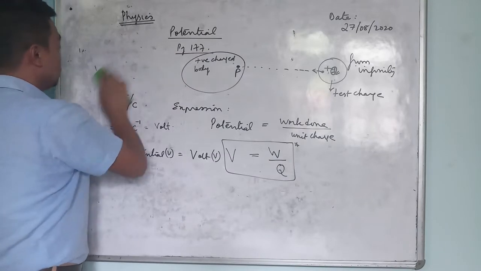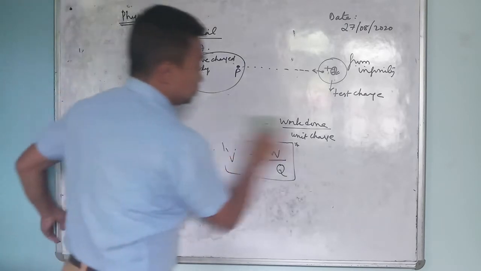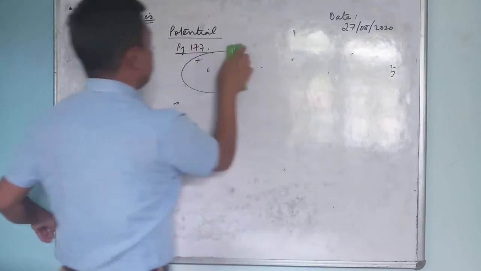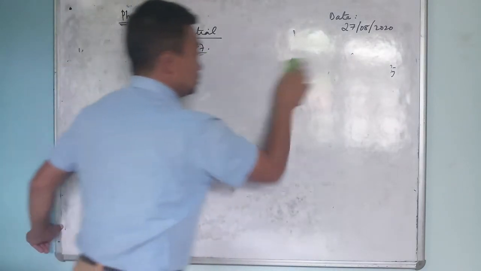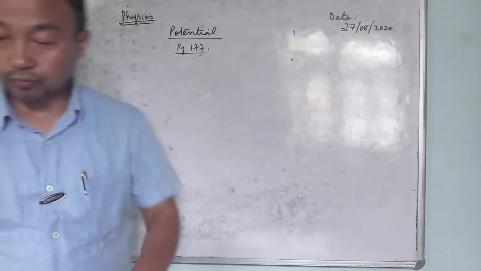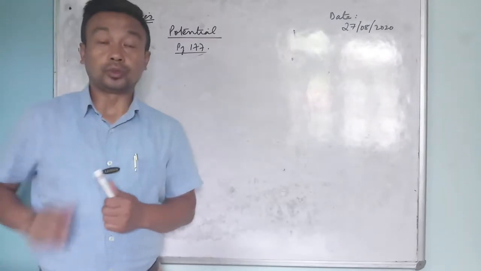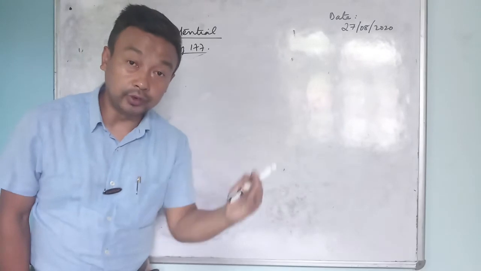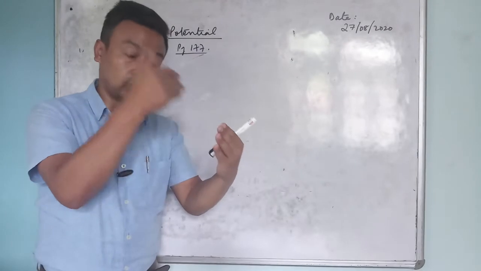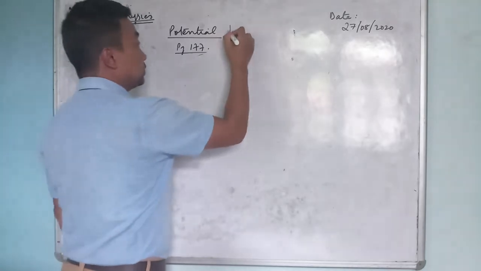The potential difference is basically the same as the potential. Here also you have the same formula, the work done, but in case of the potential difference, you don't bring the charge from infinity, you bring the charge from one point to another point in a finite region.